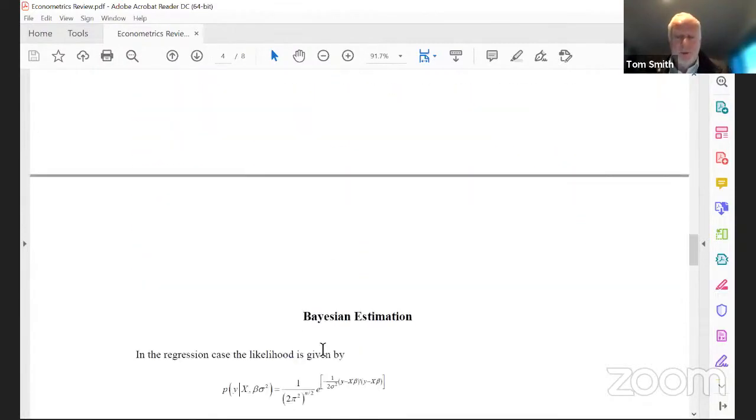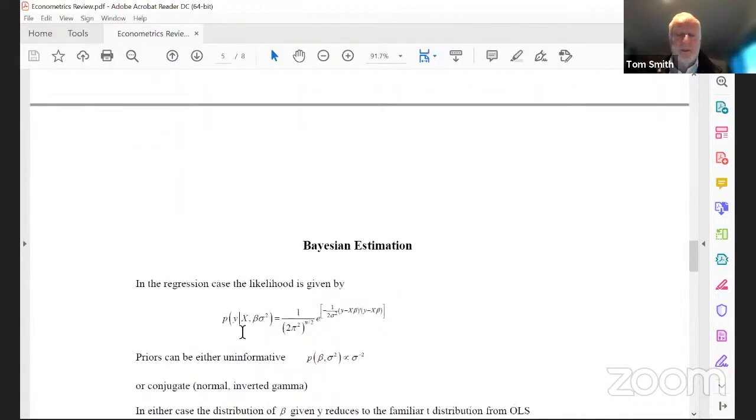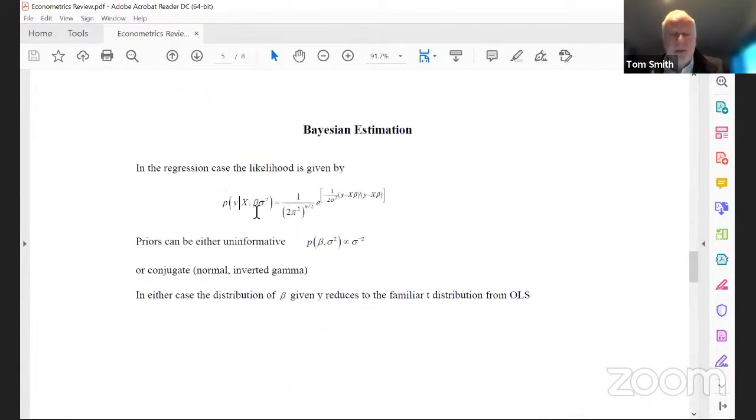So in the regression case, you'd make the same assumption about the data: the probability of Y given the parameters beta and sigma squared and the independent variable X has this normal distribution. Your priors can be either uninformative, that is, proportional to the variance, or what they call conjugate. Conjugate means that it goes with the distribution you made on the data.